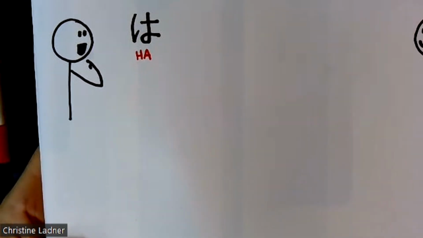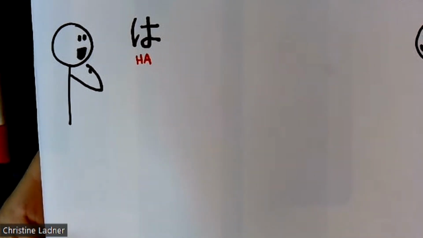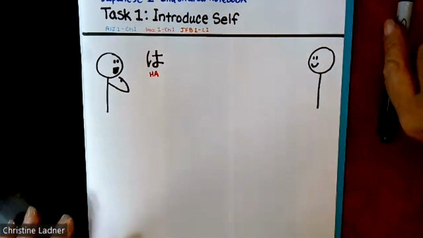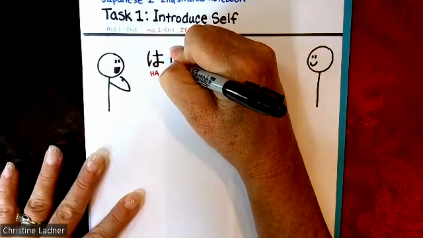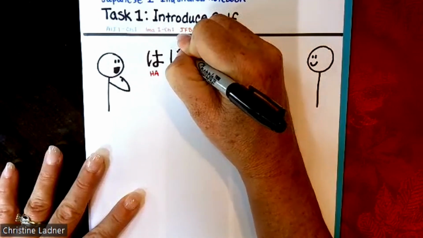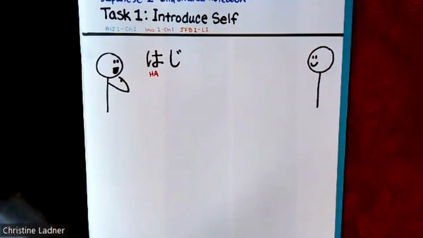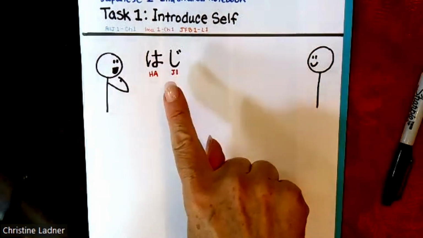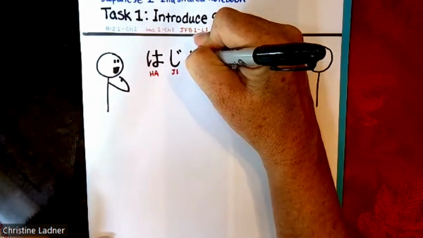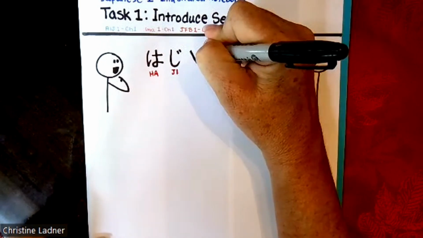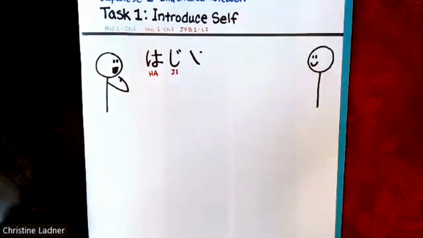Next, ji. Start up here, swoop. Then me. Start up here and kind of a diagonal but curved diagonal. Then you start about here.